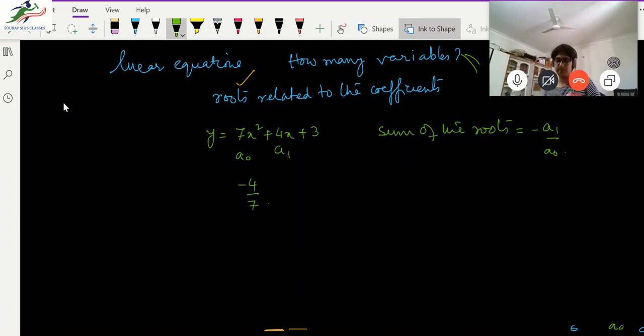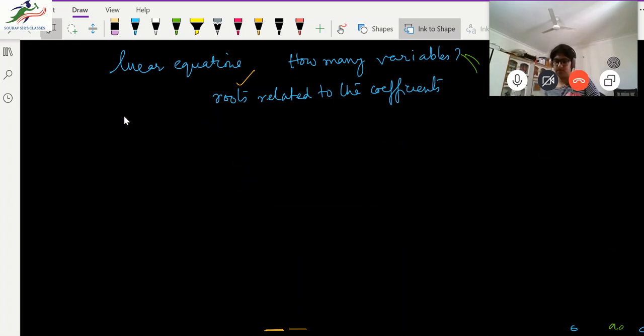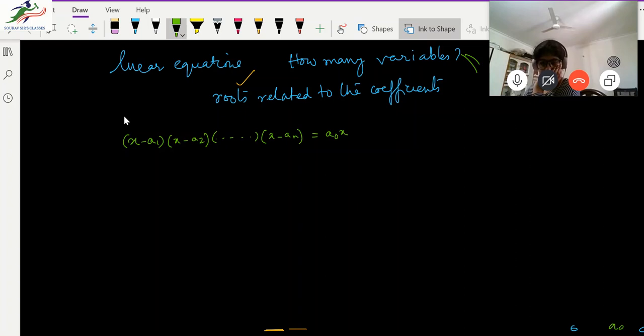And what about the product of the roots? In order to get the product of the roots, we go back to the earlier one. So x minus a1 into x minus a2, x minus a3 up to x minus an, is equal to a0 x to the power n plus a1 x to the power n minus 1 all the way up to an. Now, if I want the constant term from both sides, I have to multiply all the constant terms.